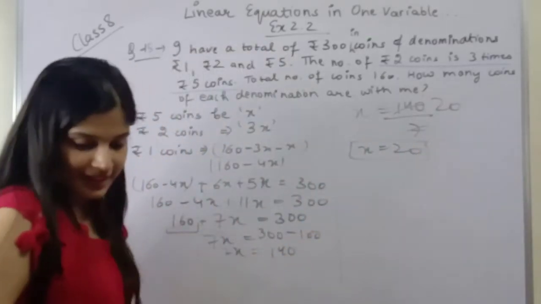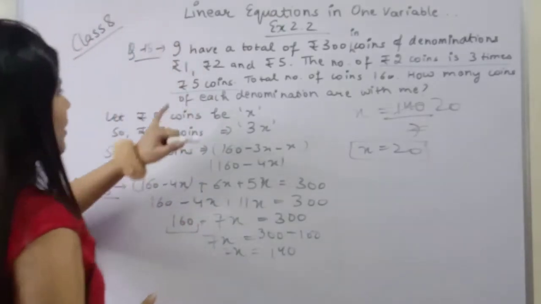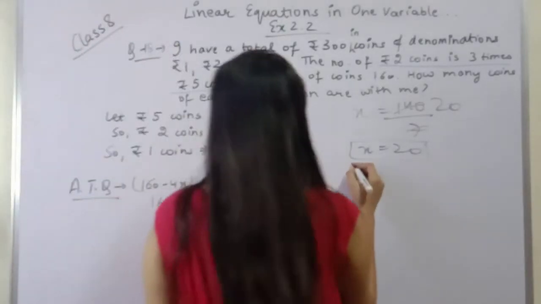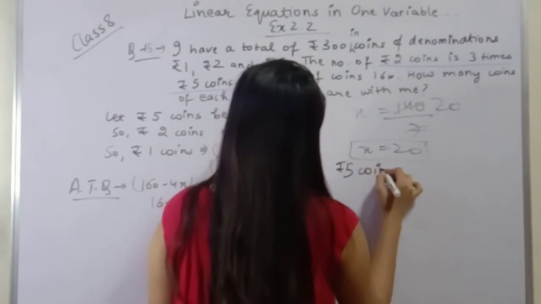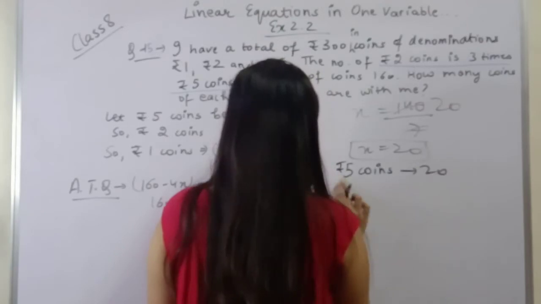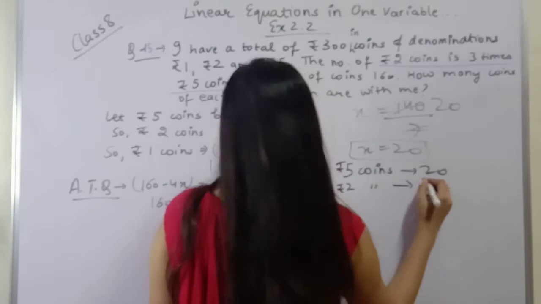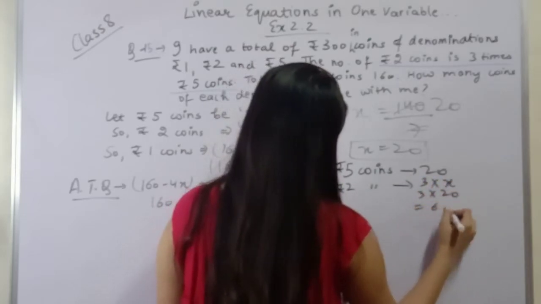Now x is 20. It means that 5 rupee coins are 20. Okay, and 2 rupee coins are 3x, so 3 into 20 is 60.